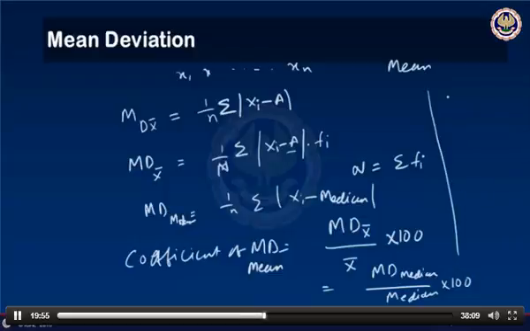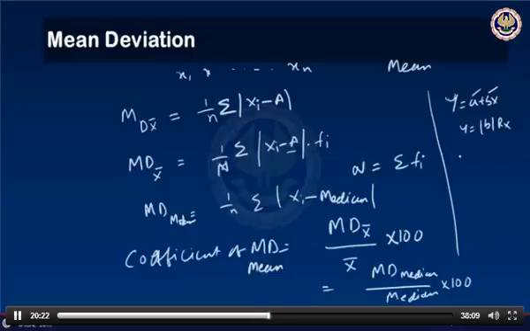Suppose y equals bx; as we discussed in the case of range, it is unaffected by origin, but it is affected by scale, in the case of range of y equal to modulus b times range of x.